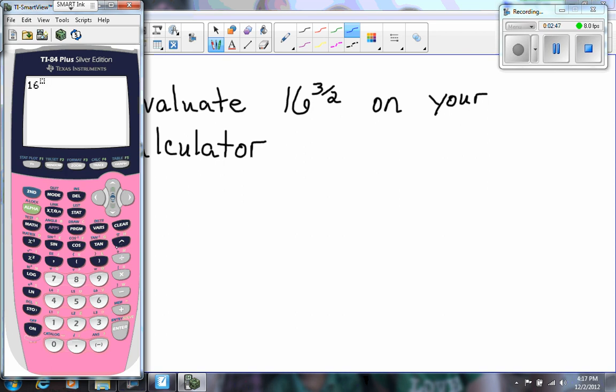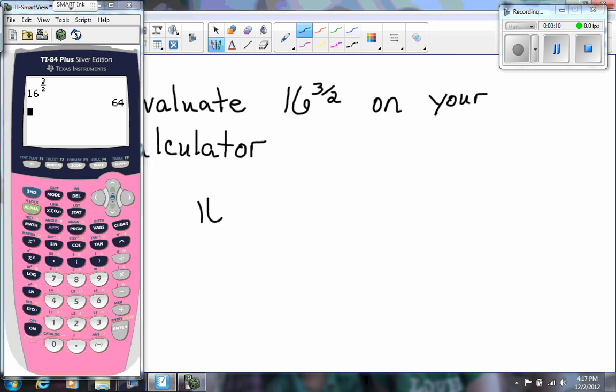And we want it to be to the 3 halves power. If you want, you can do it like a fraction: alpha, and then F1. Choose the fraction. And we want to the 3 halves power. And enter. And I get 64.